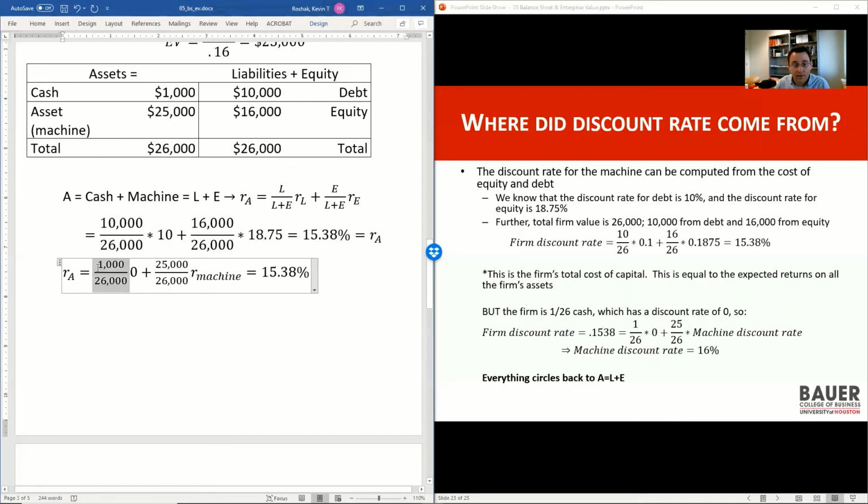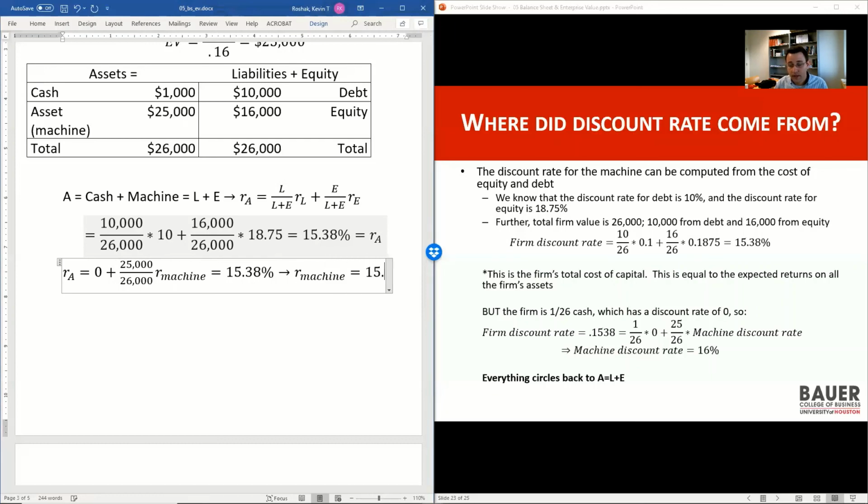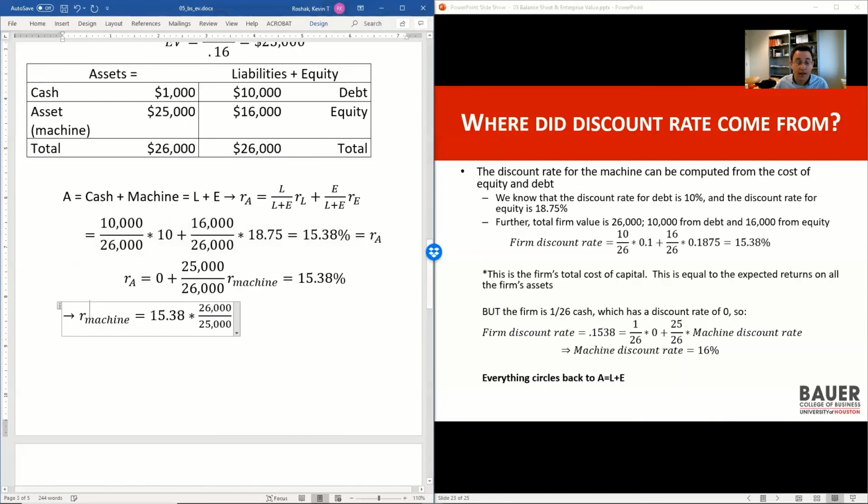That whole thing turns out to be 0. And that lets us solve for the discount rate on the machine. The appropriate rate on the machine should be 15.38 times 26,000 divided by 25,000. And if you had to guess, what is that going to equal? Well, that's going to be 16%.